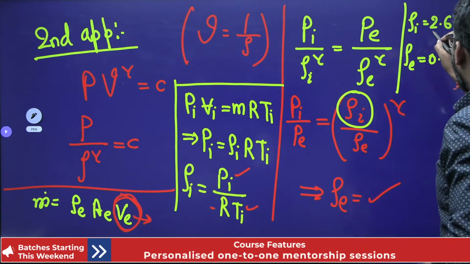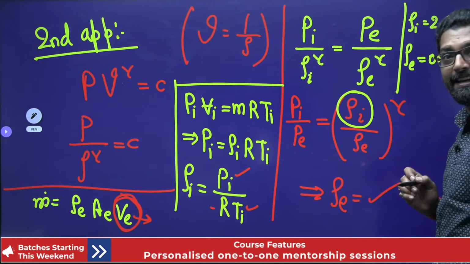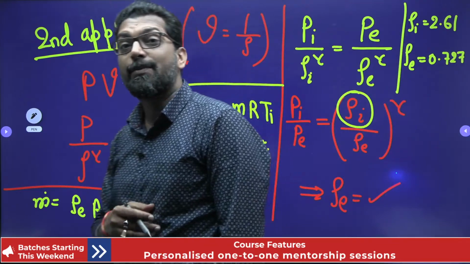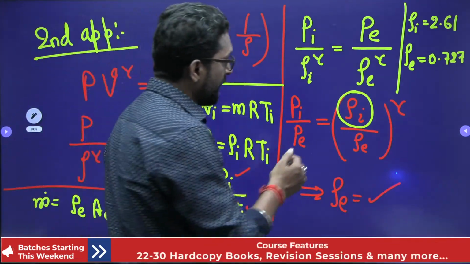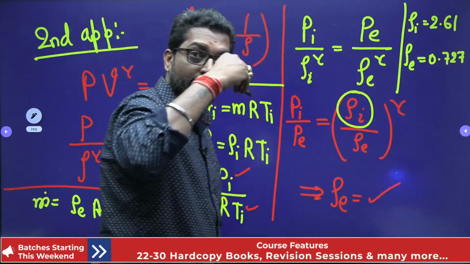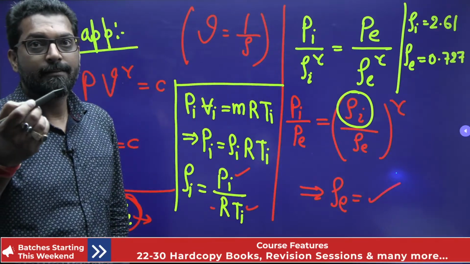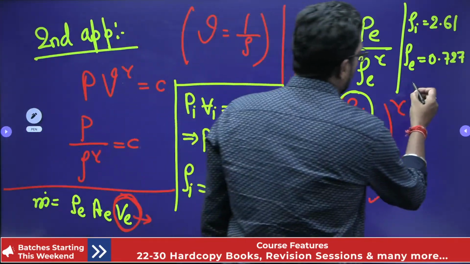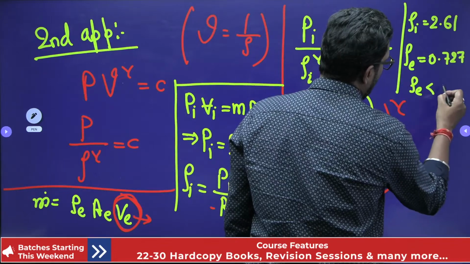That means the inlet density is higher, but the exit density will reduce. The exit density is very, very much less than the inlet density.